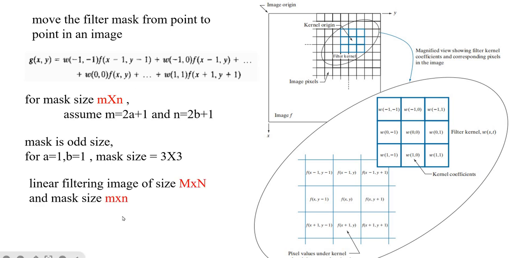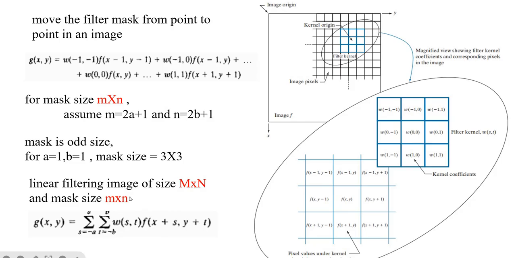So in general, in linear filtering of an image, the image size will be capital M cross N and the mask size will be small m cross n, and it is given by this equation.